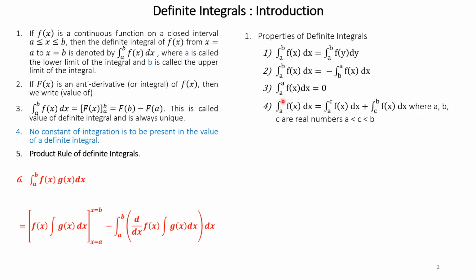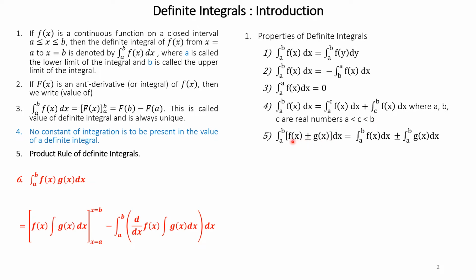The integral from a to b of f(x) dx is equal to the integral from a to c of f(x) dx plus the integral from c to b of f(x) dx, where a, b and c are real numbers and a is less than c, which is less than b. So b is the upper limit and a is the lower limit, and c is in between the two.